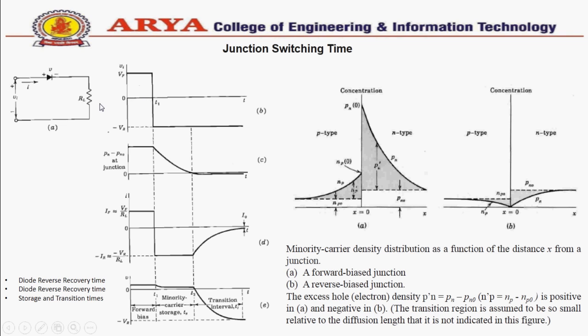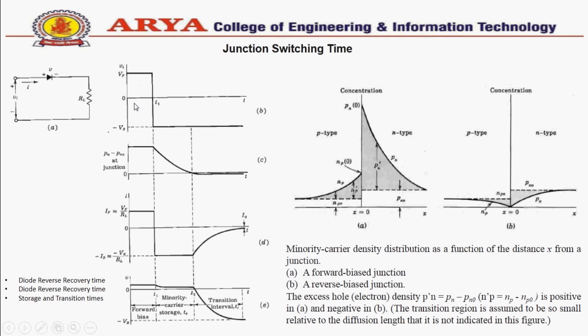The resistance RL is assumed large enough so that the drop across RL is large in comparison with the drop across the diode. Then the current I in RL is given by Vf upon RL, which is also equal to IF.